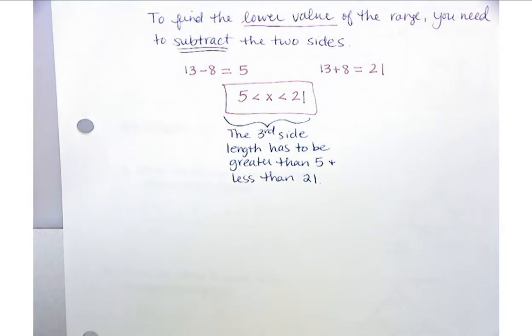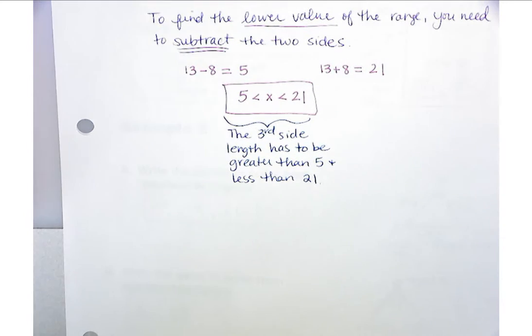Now the fact that it's greater than and not greater than or equal to is really important, because if it was greater than or equal to, that means it could be 5. This has to be greater than 5. So any value greater than 5 would work, but 5 would not. If you plug in 5, then they'd be equal. And like we just talked about in the last one, if they're equal, it's not going to satisfy your condition.